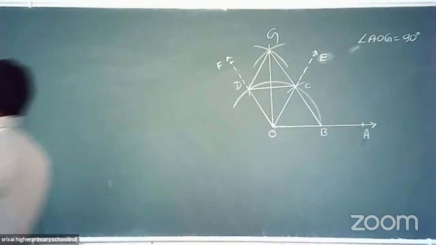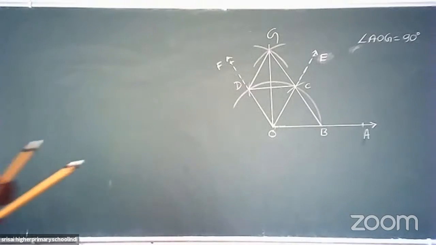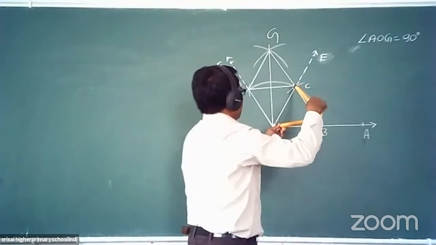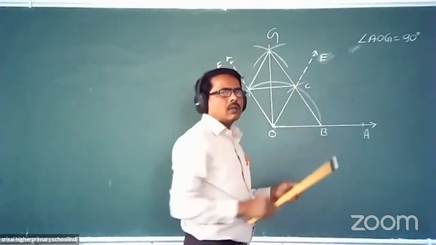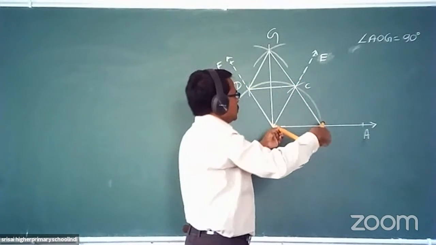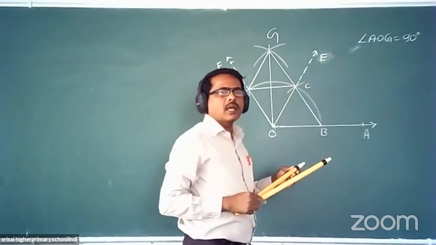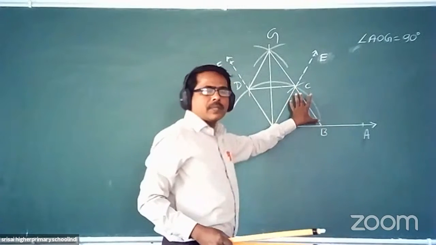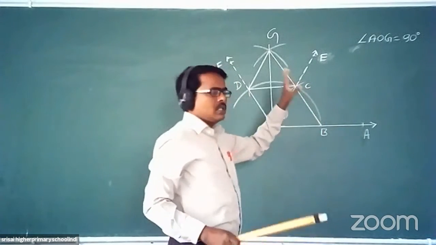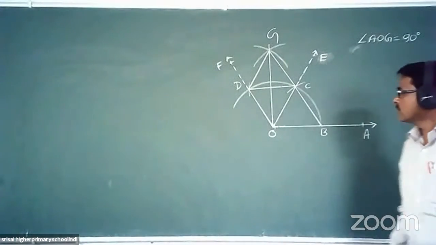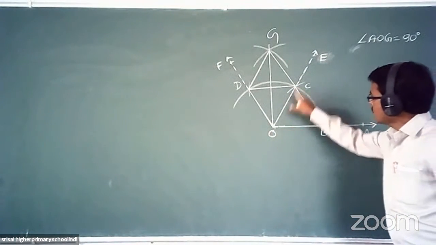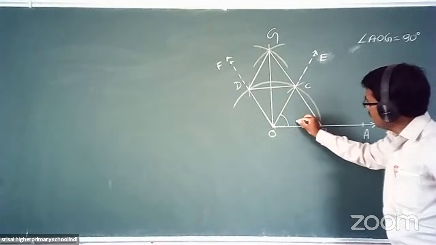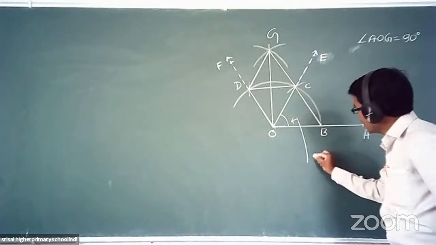Because we have constructed it that way. Here we have drawn an arc, and OB and OC are radii of the same arc. And we have constructed the same line segment here. So OB, OC, BC are all equal, which means it is an equilateral triangle. If BOC is an equilateral triangle, what is this angle? This is 60 degrees, no? This became 60 degrees.